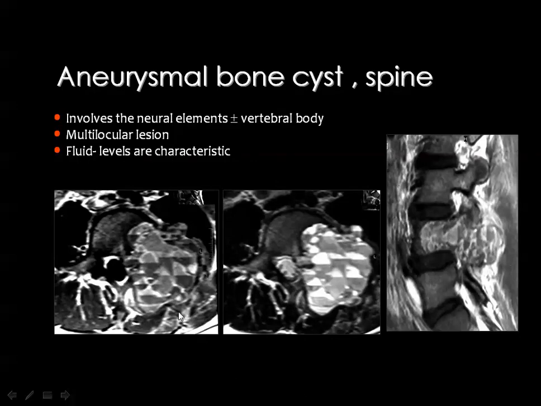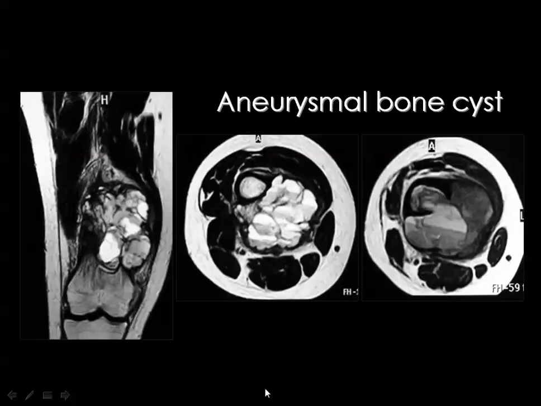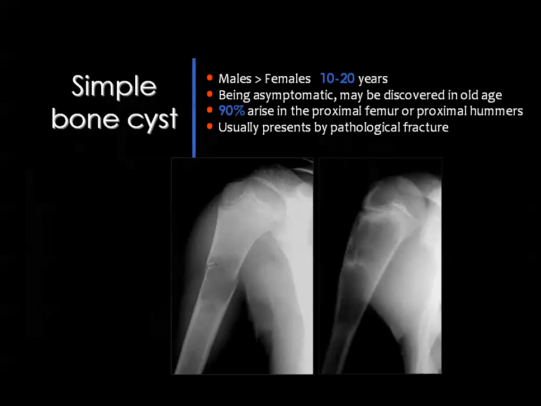Here is an example of a big aneurysmal bone cyst affecting the left side of the vertebral body as well as the neural elements, with characteristic multiple fluid levels, as you can see here. Here is an aneurysmal bone cyst of the distal femur, and in the T2 weighted images and also the T1 weighted images you can appreciate multiple fluid levels, which are very helpful in suggesting the possibility of aneurysmal bone cyst.